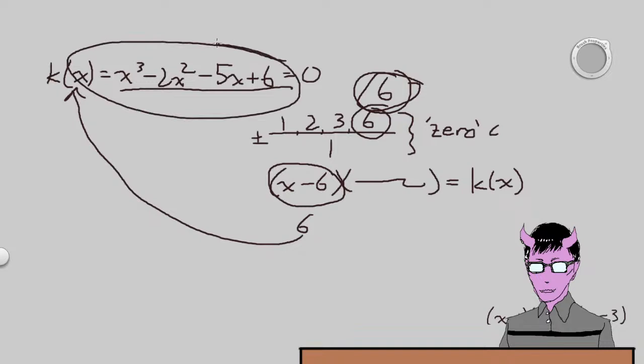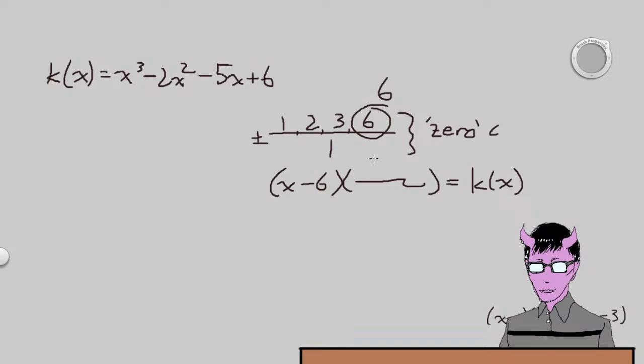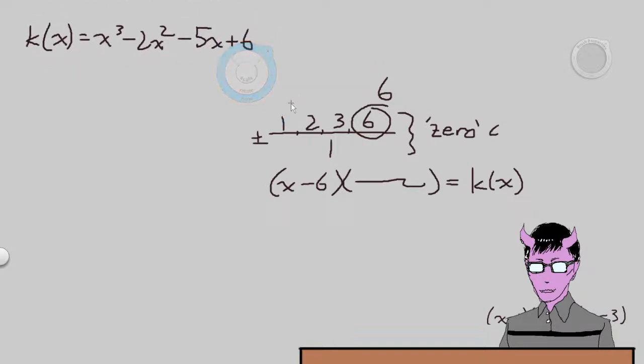But I'm not going to do that method because it gets aggravating cubing larger numbers like 6, 8, or 11, for example, or 2/3. It becomes needlessly annoying. So we're going to focus on this part right here. But I do need to cover something called long division, or in this situation, more specifically, synthetic division.